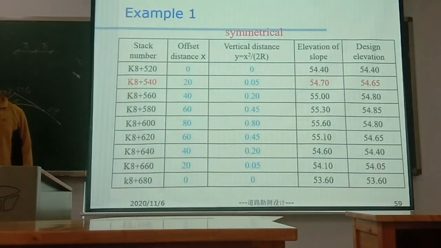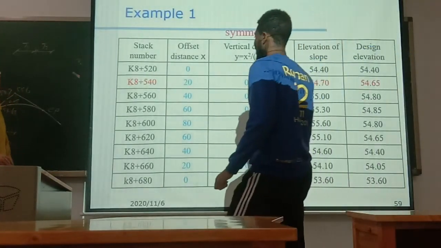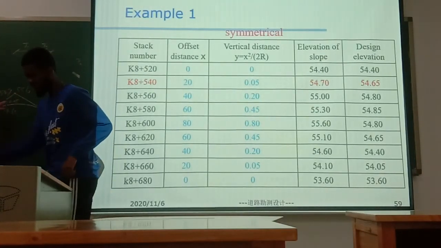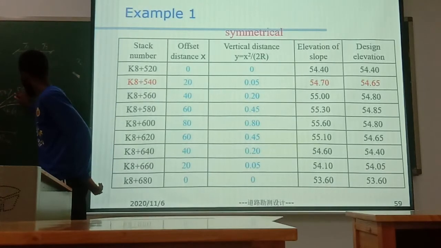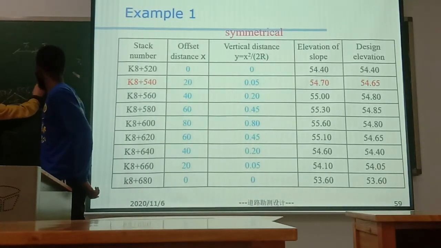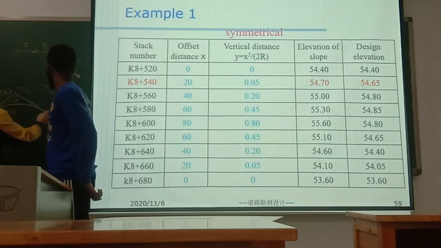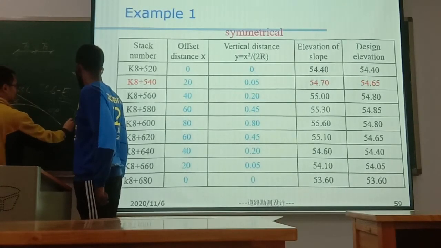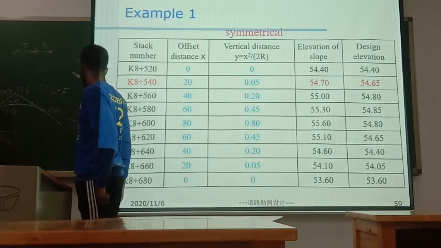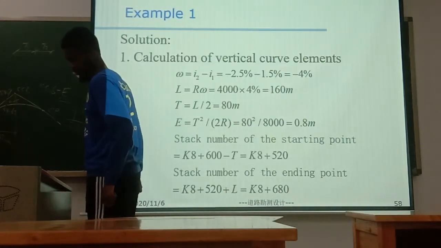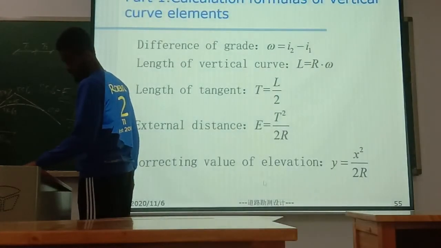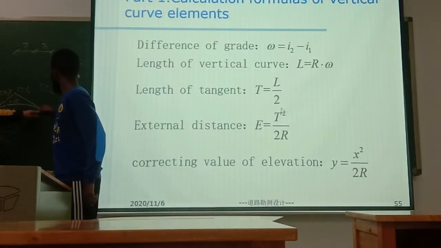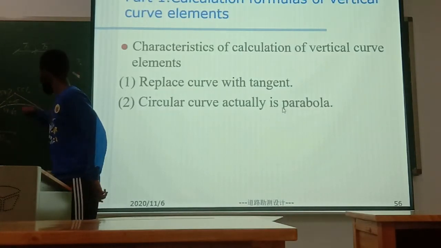If the point is on this side, like this one, this is the highest. E is equal to T. So this point, is the elevation of this point the same as this one?